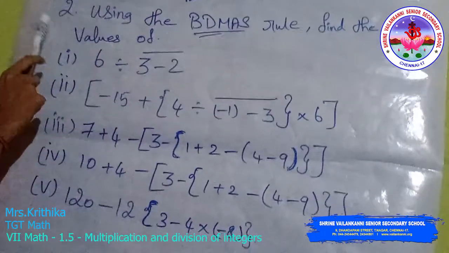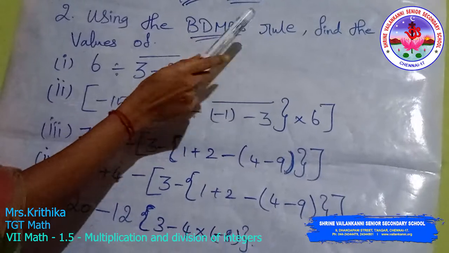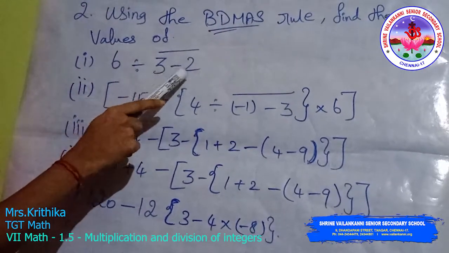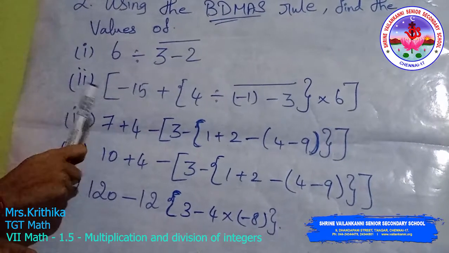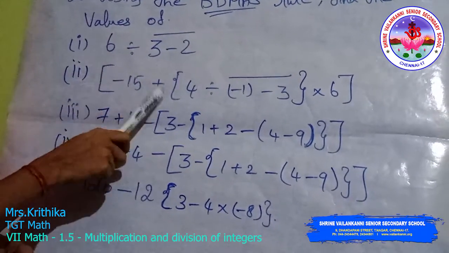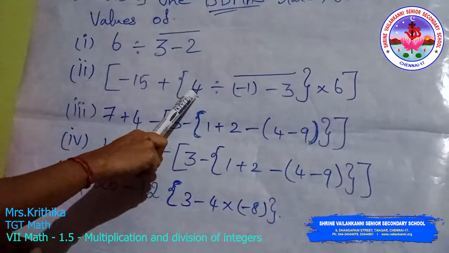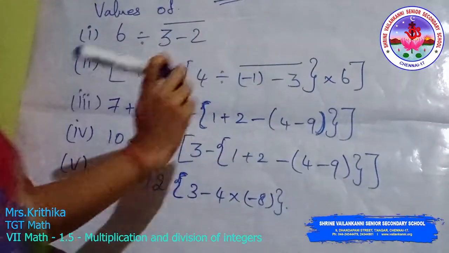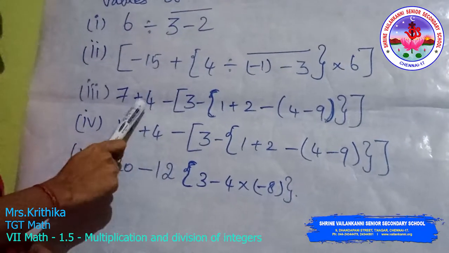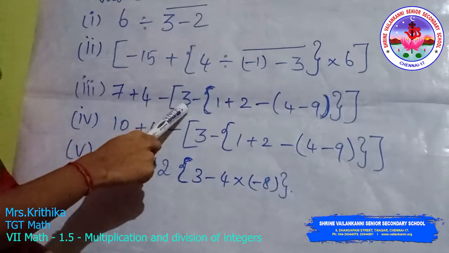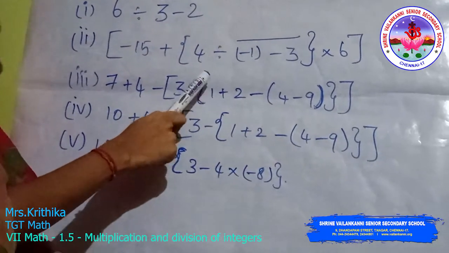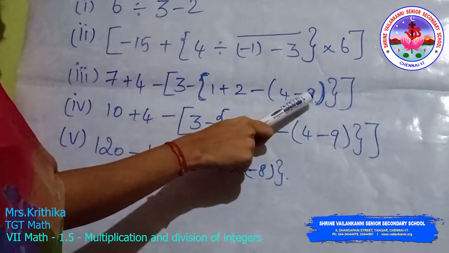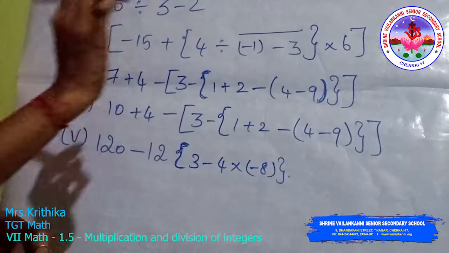Next homework sum, second question. Using the BODMAS rule, find the values of: first question, 6 divided by 3 minus 2 bar. Second question, minus 15 plus set bracket 4 divided by minus 1 minus 3 bar into 6. Third question, 7 plus 4 minus of 3 minus of 1 plus 2 minus of 4 minus 9, close all brackets.